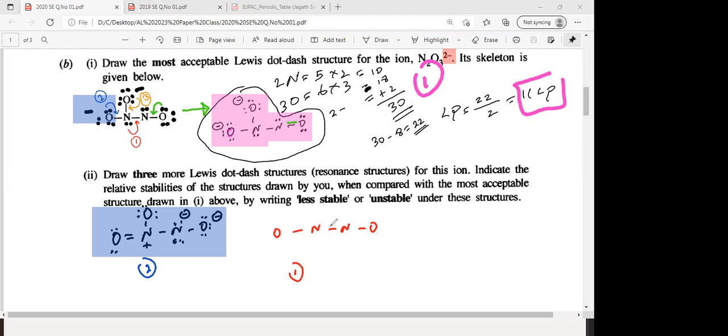So yeah, you make the double bond here. Then there will be a lone pair here. Minus. Whenever oxygen is linked with a single bond, oxygen carries a minus charge. Whenever oxygen is linked to the center atom with a double bond, it won't carry any charge. Yeah. So this one there's a plus charge here.